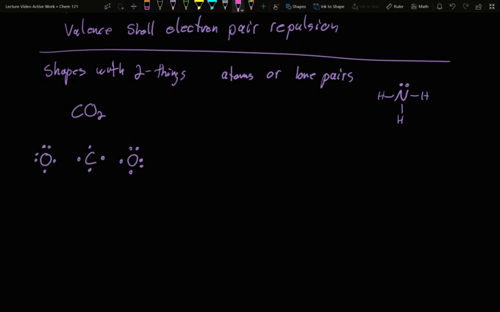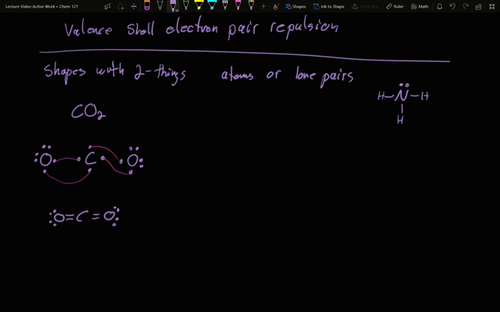We then try to pair unpaired electrons. We connect everything once, and then each oxygen needs a second, and it can find a second on carbon. Making this look a little nicer, we get carbon, double bond to oxygen, double bond to another oxygen.